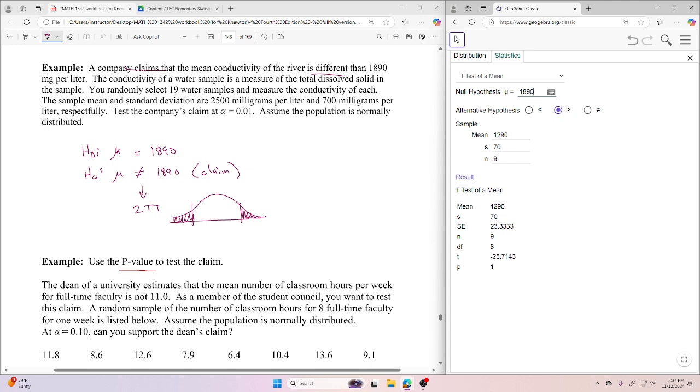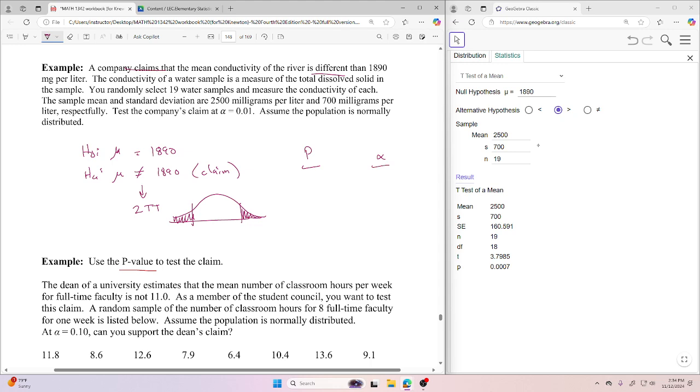A water sample was conducted. We got 19 folks. Notice that this is n, just 19. We don't have to minus 1 or nothing. What is my standard deviation? 700, mean of 2,500, and they're saying alpha is 1%.